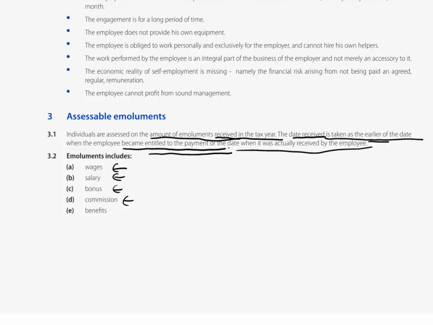Well, as we've just seen, the date received is taken as the earlier of the date when the employee became entitled or when you received it.